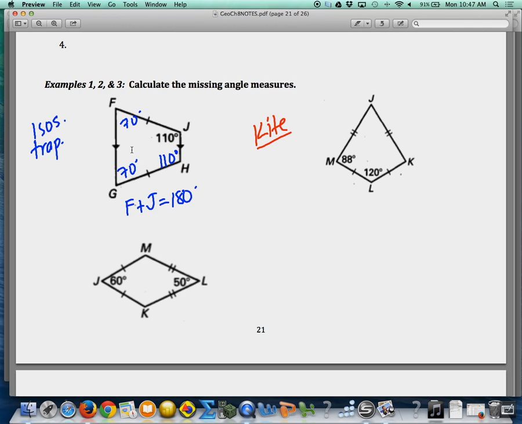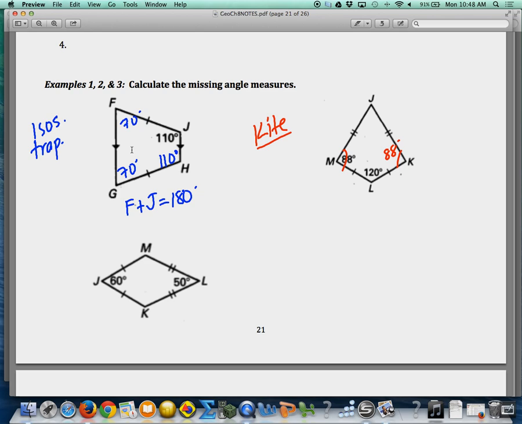L and J or M and K? M and K. Why? Because the sides between non-congruent. Okay, because they're between the non-congruent sides. Can't you also tell just by looking? Yeah. So non-congruent sides, so these angles are congruent. So if this is 88, then angle K is also going to be 88.